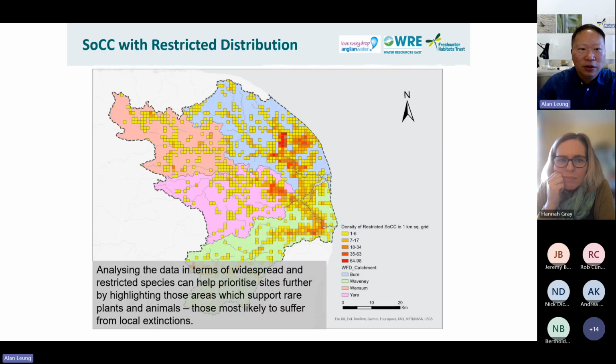However, if we focus on the locations that support species with restricted distribution, it gives us a clearer picture of which locations may be of particular importance.